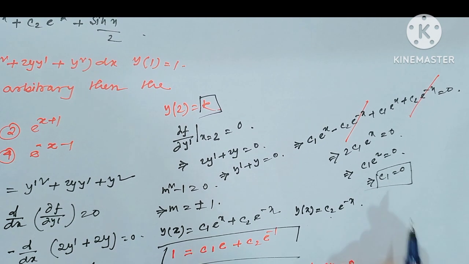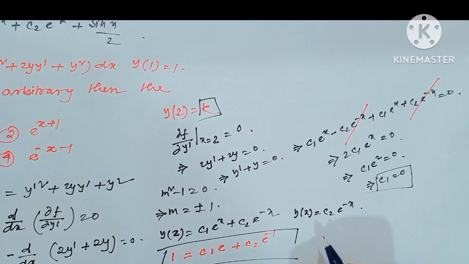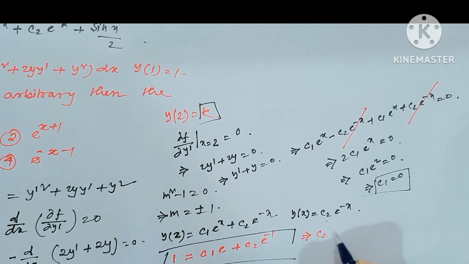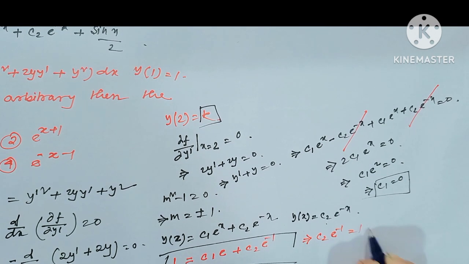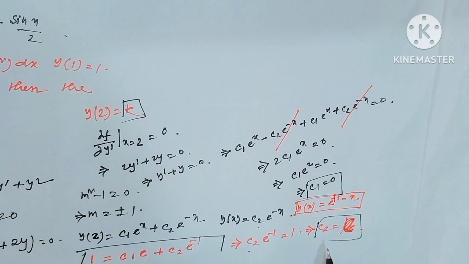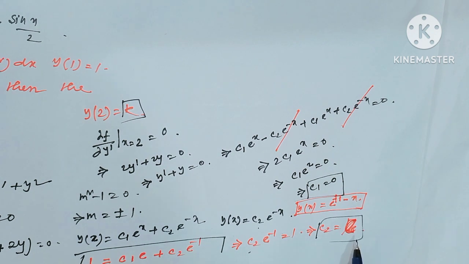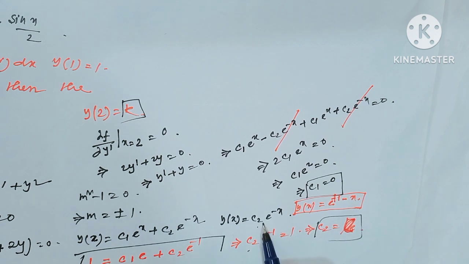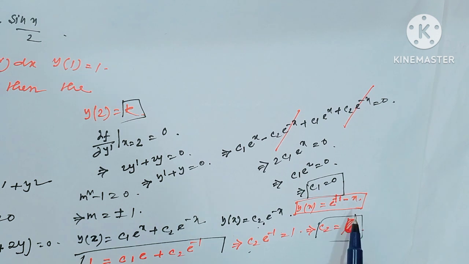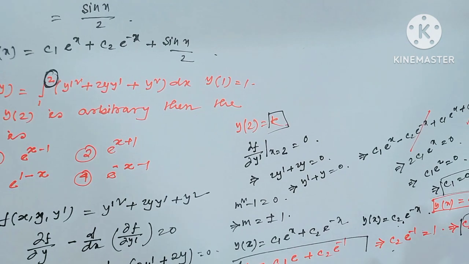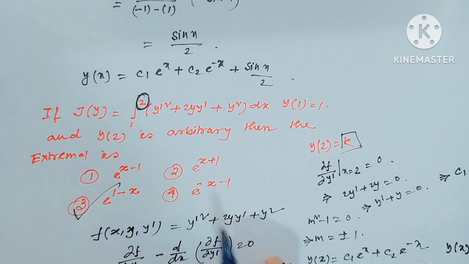Since c1 = 0, that implies c2 e^(-1) = 1. From this expression, c2 = e. Now put the value of c2, then this would be e^(1-x). Therefore option 3 is the right option.